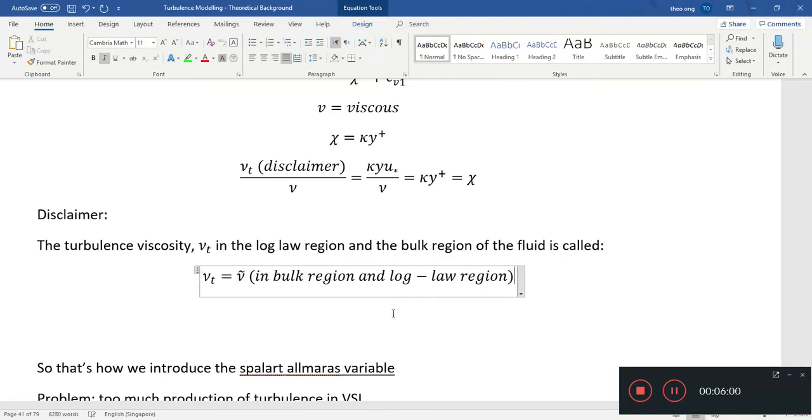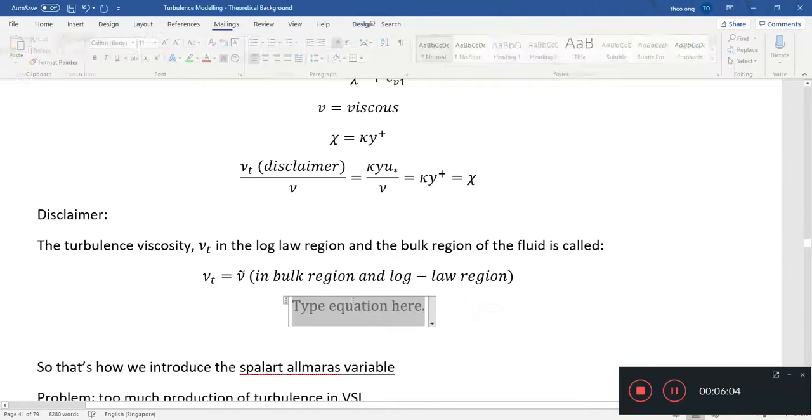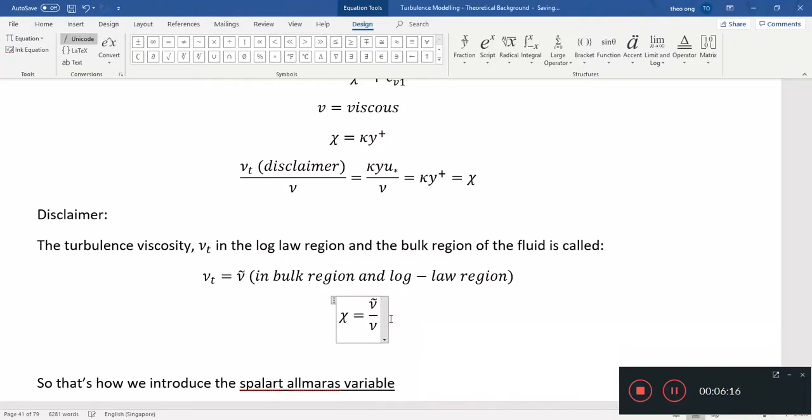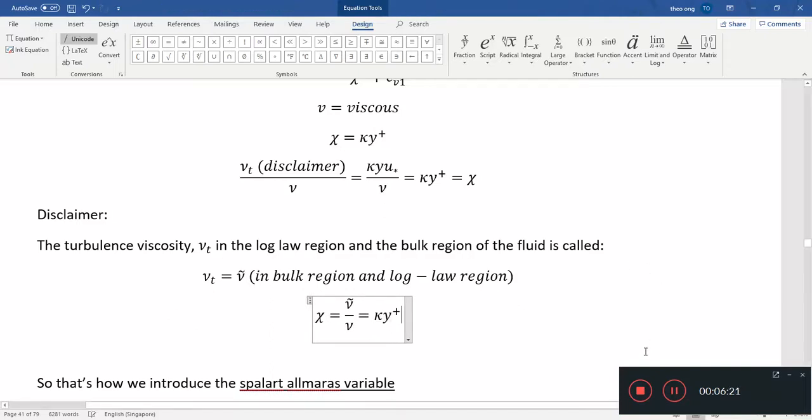Sometimes you will see chi written as such, where this nu t is actually this nu tilde. In the literature it will look like nu tilde over nu equals kappa y plus. Hopefully that clears up confusion.